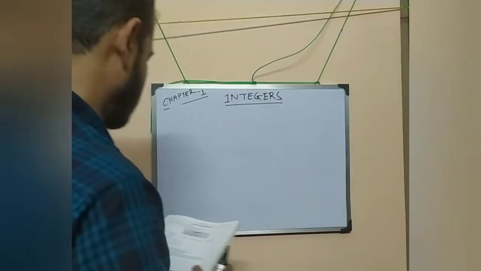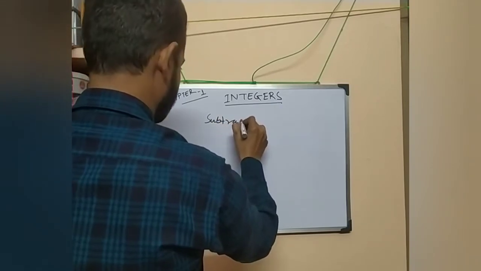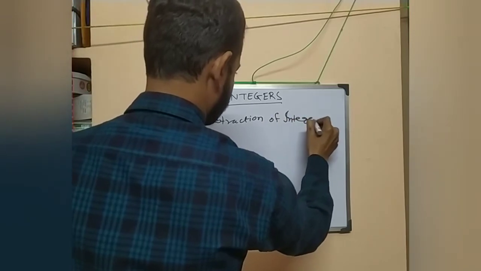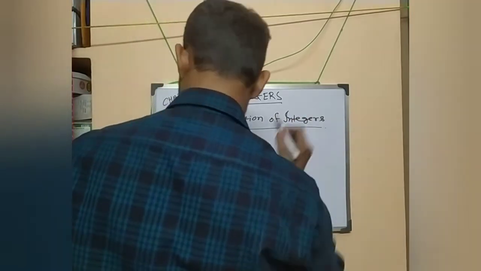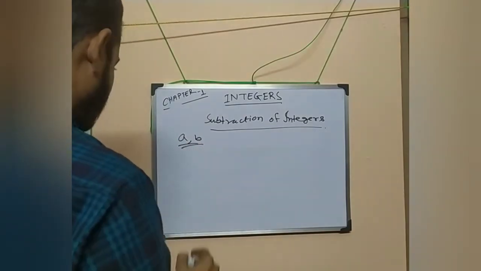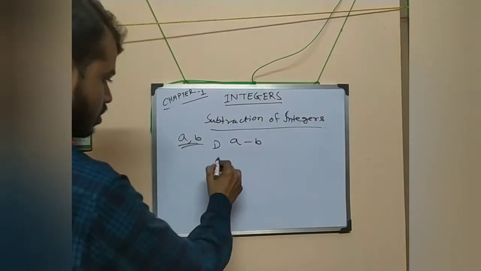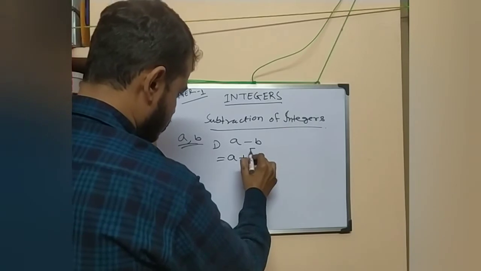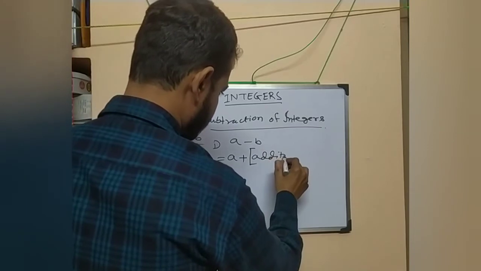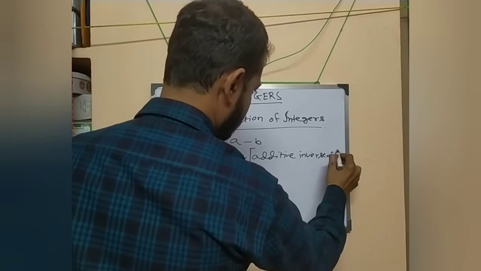Now next, subtraction of integers. First, for any two integers a, b. Now if we write a minus b, that means a plus the additive inverse of b.